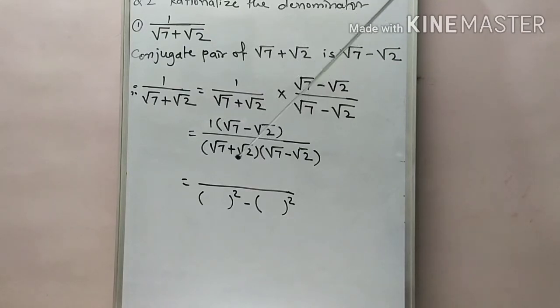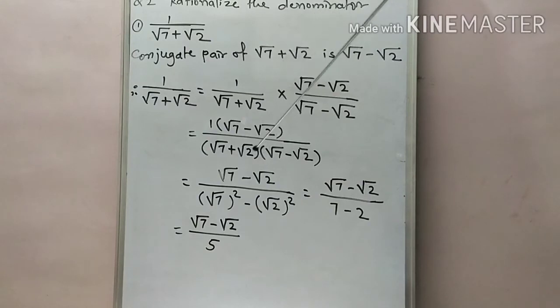And in the denominator we use the identity a plus b, a minus b, which is a square minus b square.